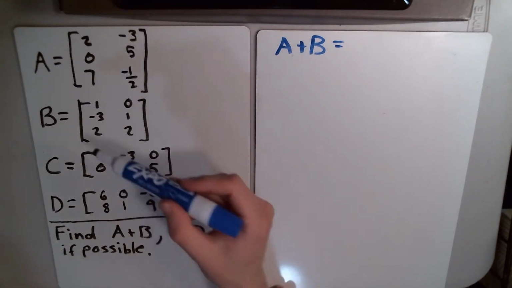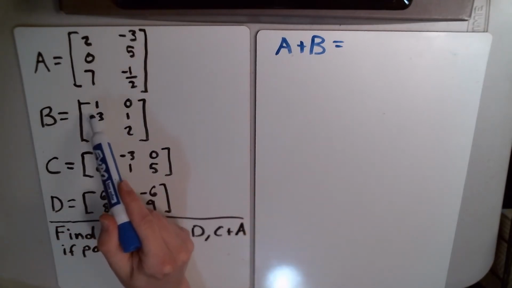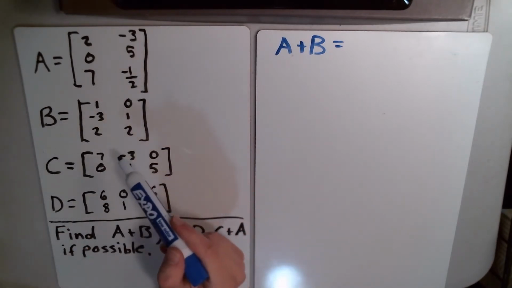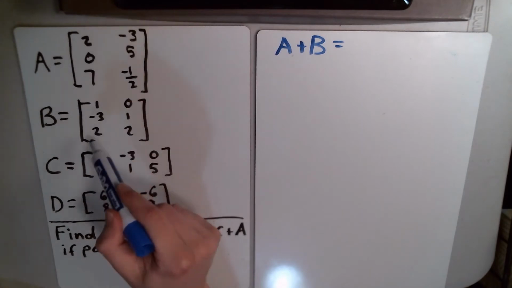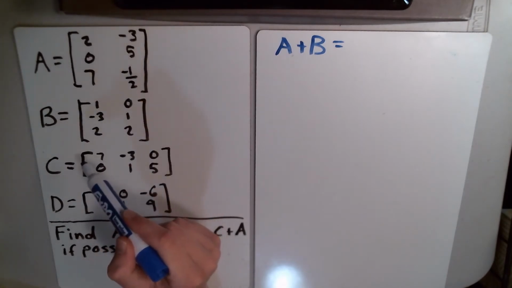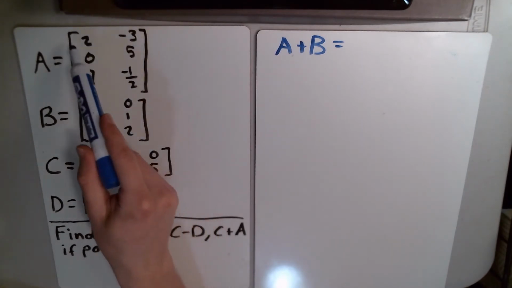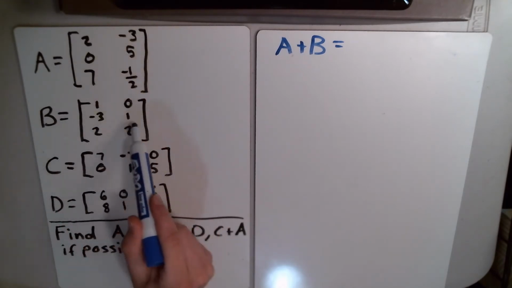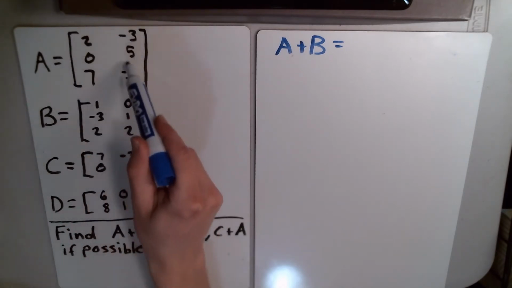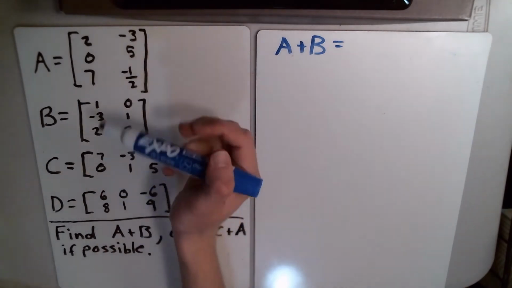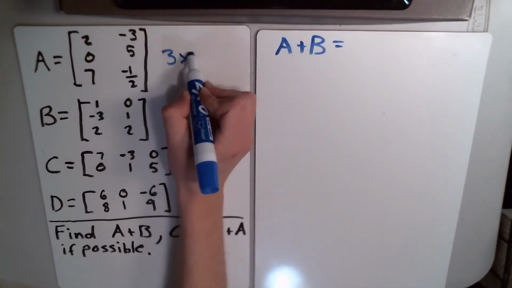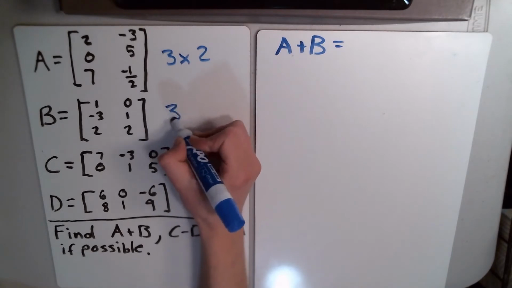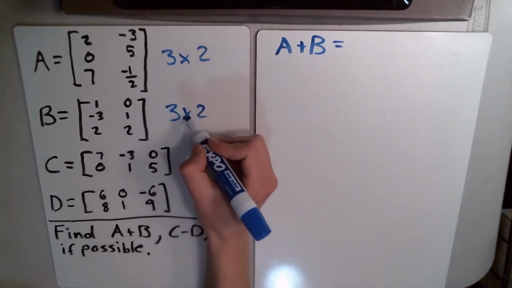First of all, I note that these two matrices are the same size. There are 3 rows and 2 columns, so this is a 3 by 2 matrix. This is also a 3 by 2 matrix.